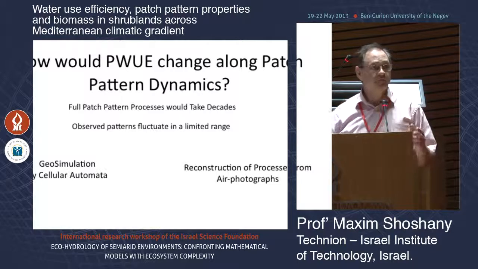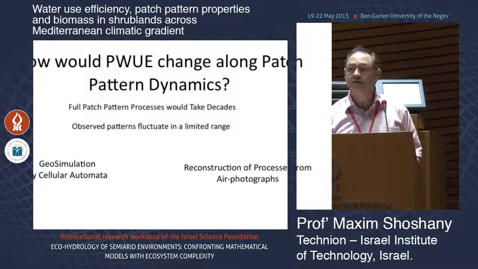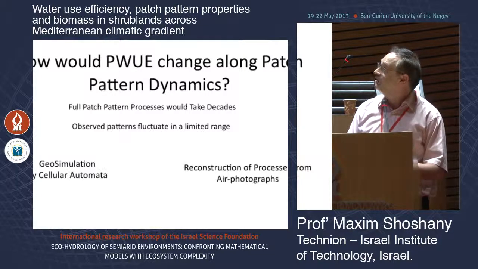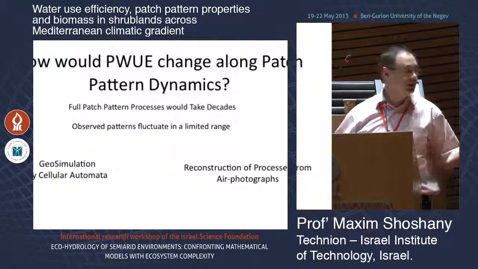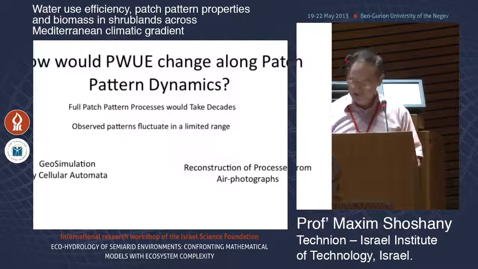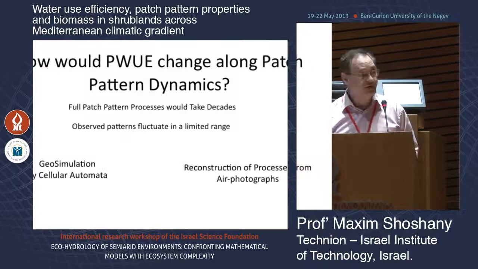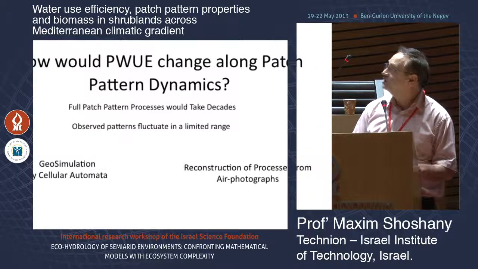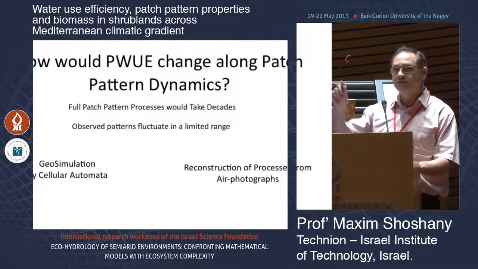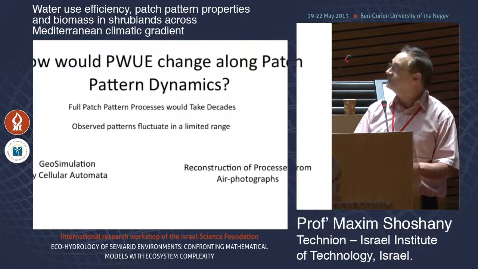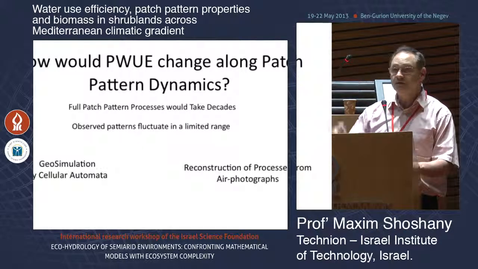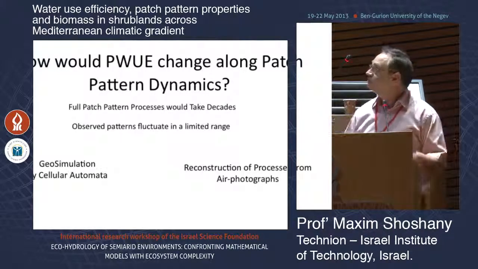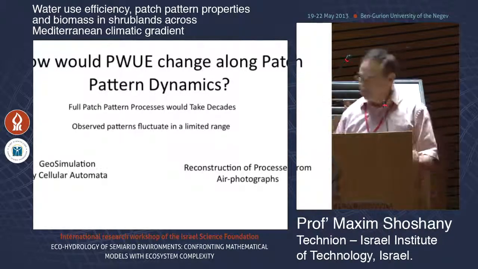I think many people have already said that it's very difficult to find full series of patch pattern processes during our research time. And if we find some places where certain processes are occurring, they are fluctuating within a very limited extent of processes. They are not actually representing the full range of processes from zero cover to full cover.